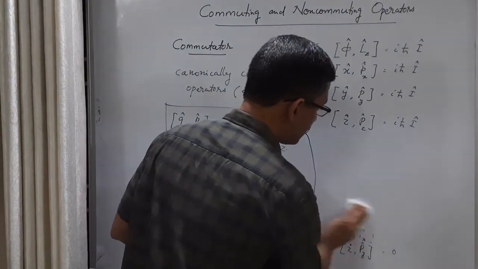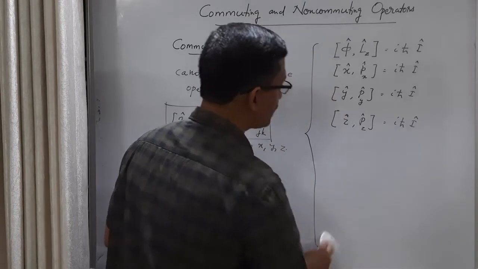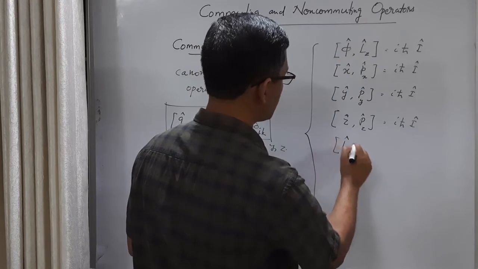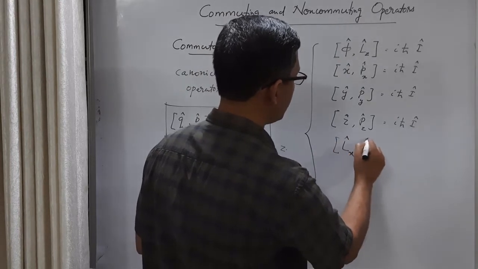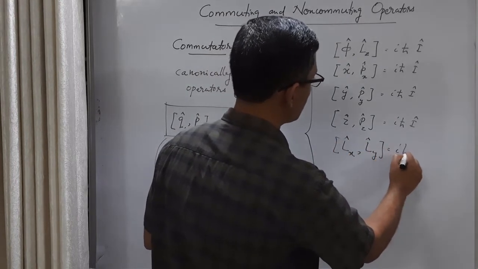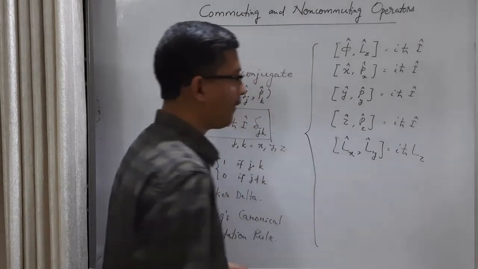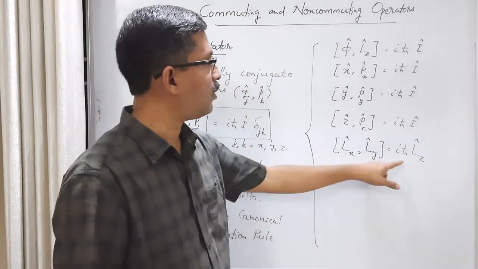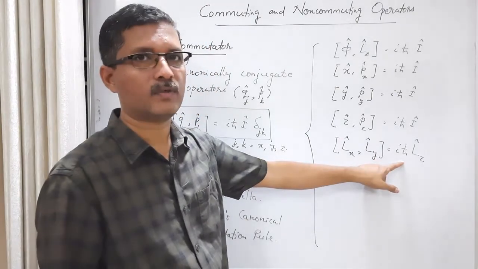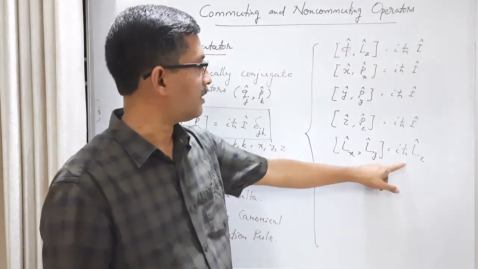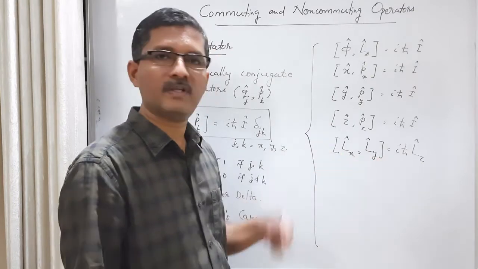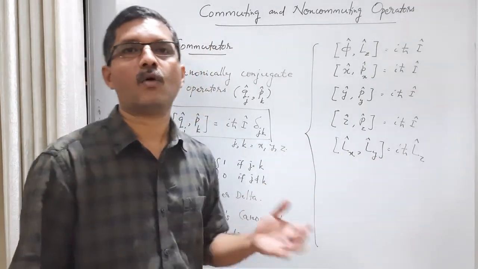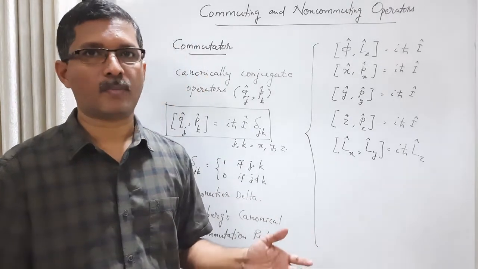Just as I have mentioned, angular momentum operators satisfy this commutation rule: [Lx, Ly] = iħ Lz. You can see that this is not Heisenberg's canonical commutation rule. It's different. Remember that the angular momentum operator you can express as a combination of position and linear momentum operators.